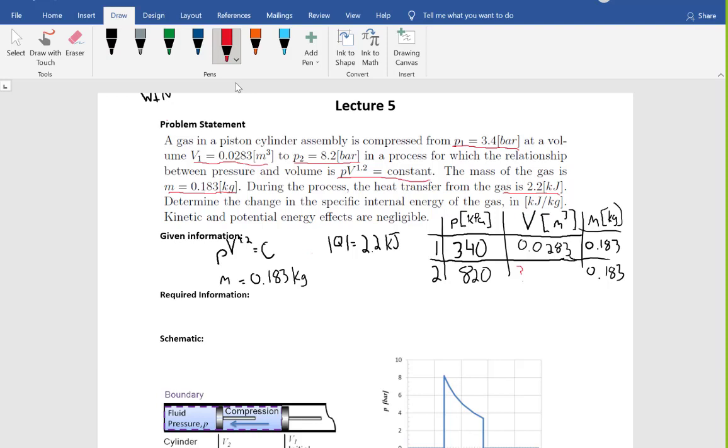So here, I like to draw heat transfer as a squiggly line, Q. So heat is going from the gas to the surroundings, right? So that's not heat in, that's heat out, right? So heat out must be negative. So really, my value for Q is negative 2.2 kilojoules.